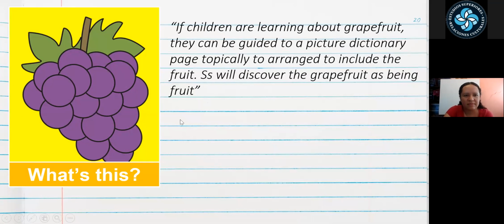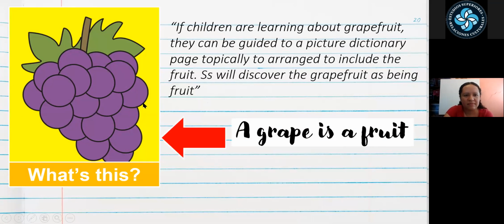Sometimes the students are not going to connect that the grape is a fruit. But after they do this activity and after you explain that the grape is part of a fruit, they can connect, right? So that's why matching activities are very important for students, and also memory games. Every activity that you apply in your classroom is going to be useful, right? Because they can connect the grape with the group word that is fruit.